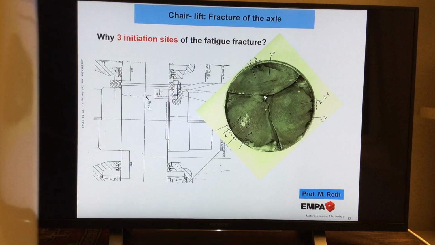There is a screw, but only on one side. Sorry, I do not have this available anymore, but I can tell you, when you look at the top view of the drawing of this design, we see not only one screw, we see 3 screws at a distance of 120 degrees. And this correlates very nicely with what we can see here.